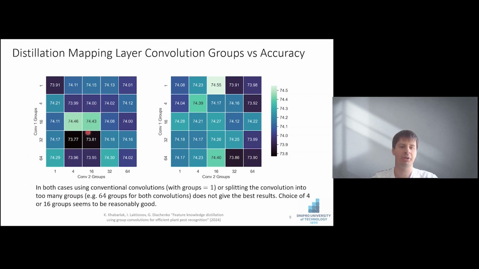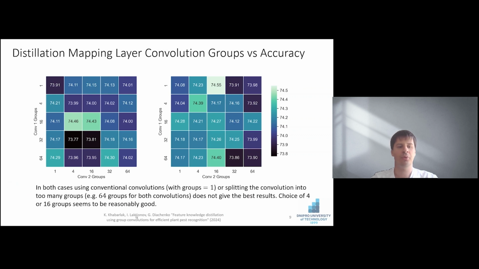On the left, we show 64 groups, and on the right 512 groups. In both cases, you can see that using one or too many groups will result in worse accuracy than if we use, for instance, 4 or 16 groups.